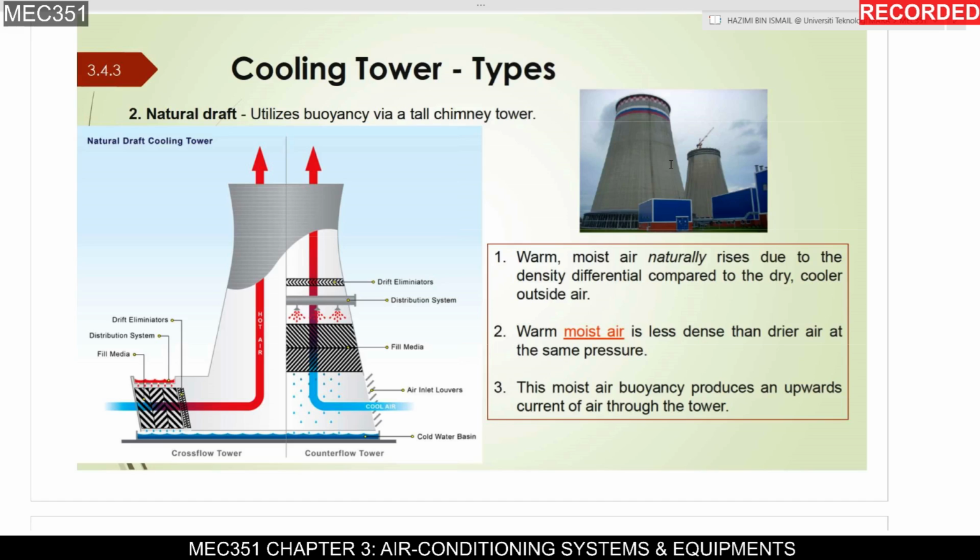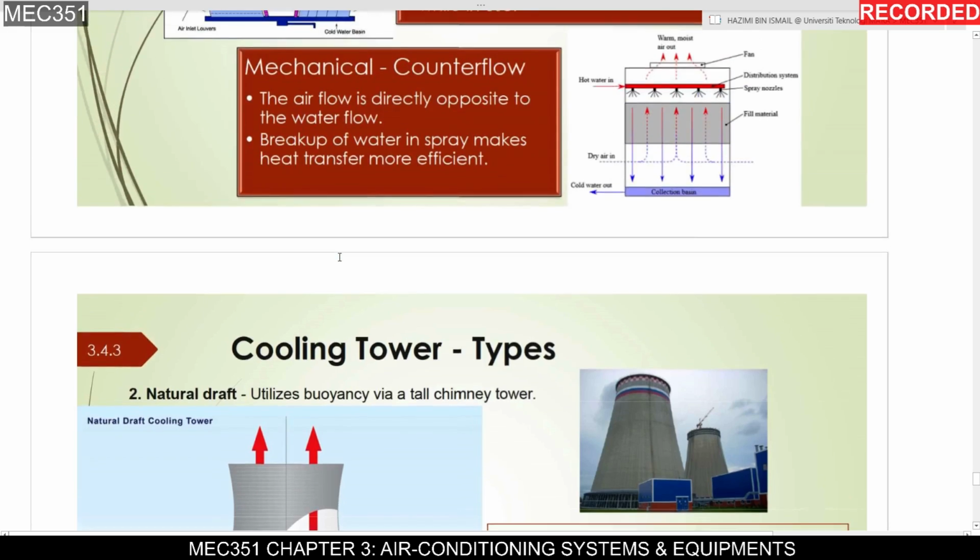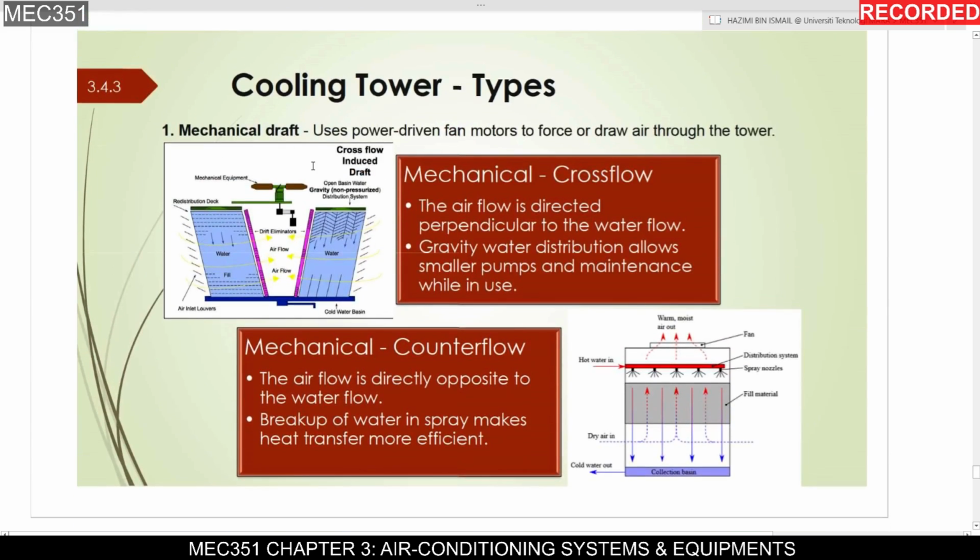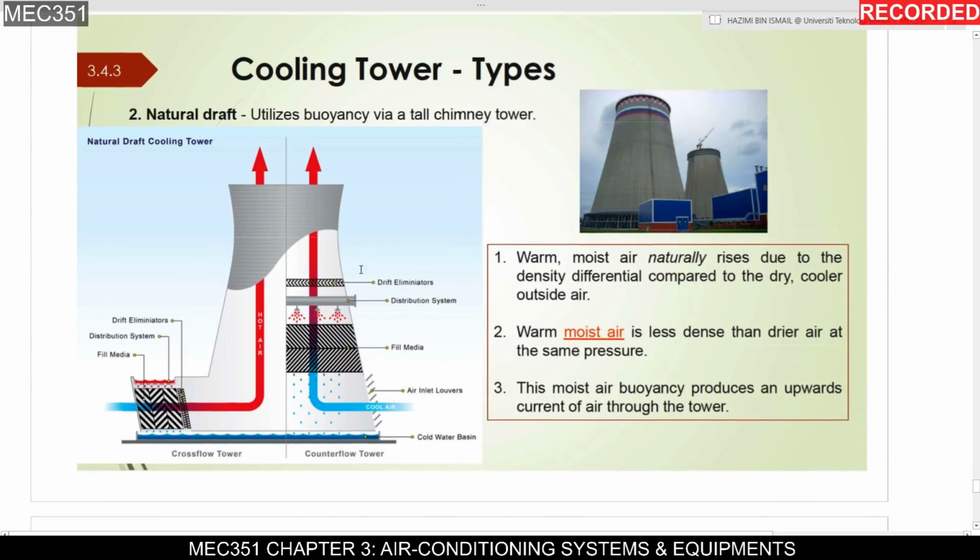Let's say we have a power plant in the desert, so to remove heat to the surrounding, we cannot use the mechanical draft using the water, right? Because we do not have water resources. So that's why we use the natural draft here. The natural draft cooling tower is very high.